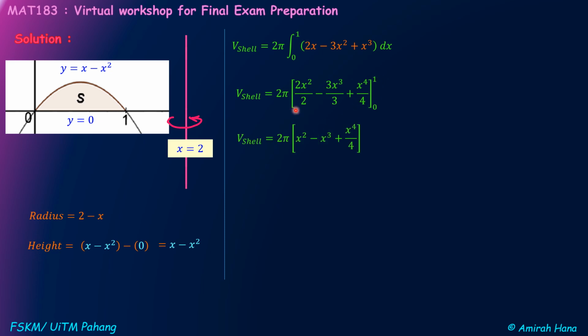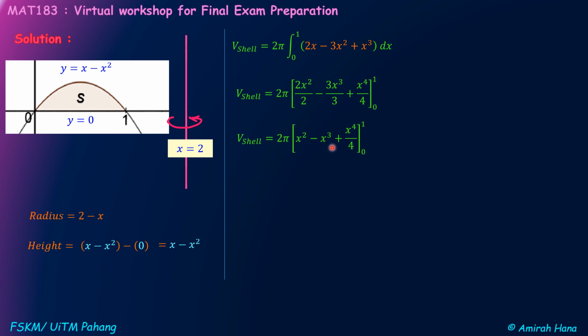After that, we substitute the upper limit into variable x here. Okay? But before that, we can simplify 2 in the numerator and 2 in the denominator here. And we also can simplify 3 in the numerator and 3 in the denominator here. So we get x squared minus x cubed plus x to the power of 4 over 4.